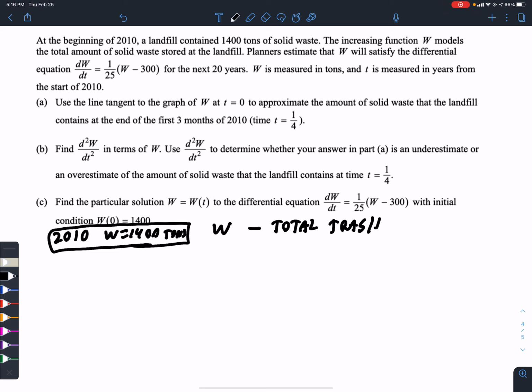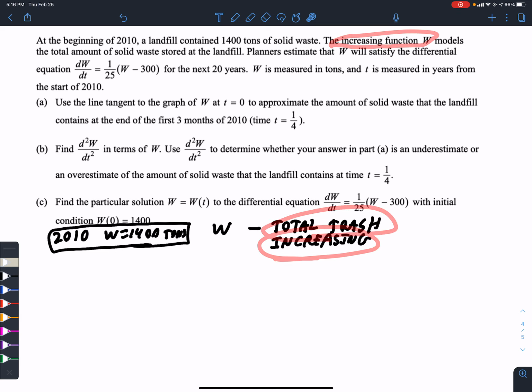If you read it, that's what it's saying. And W is increasing. It's important that you write that down because you might not need it, but they told you it's increasing, so write down increasing. And what does W represent? The total amount of trash.